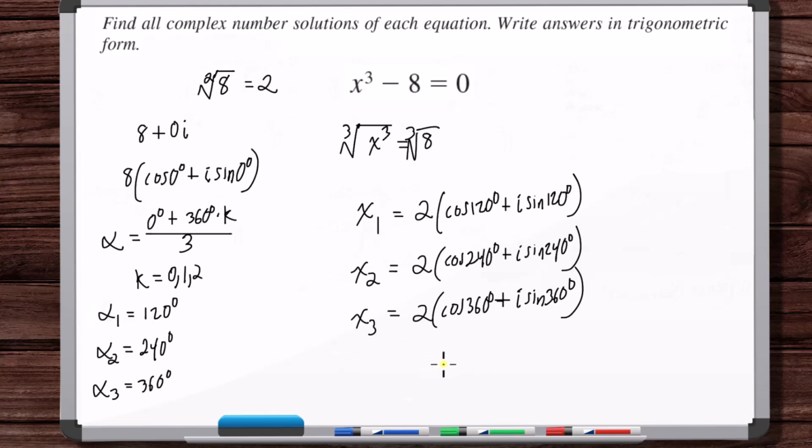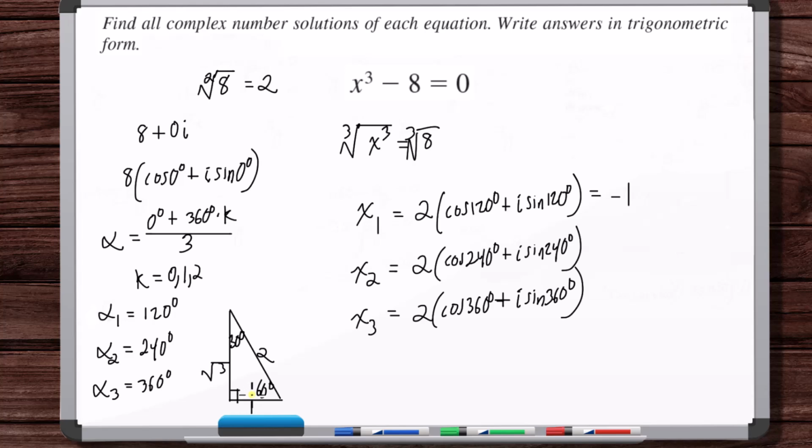Okay, so we can use the 30, 60, 90 triangle again. 120 is in the second quadrant, reference angle 60. So cosine 120 is going to be minus 1 over 2, so minus 1.